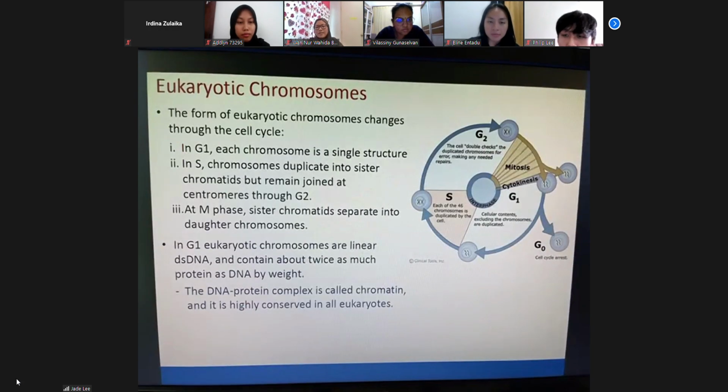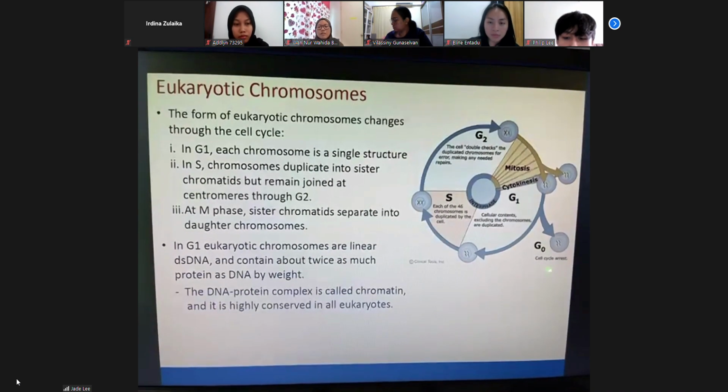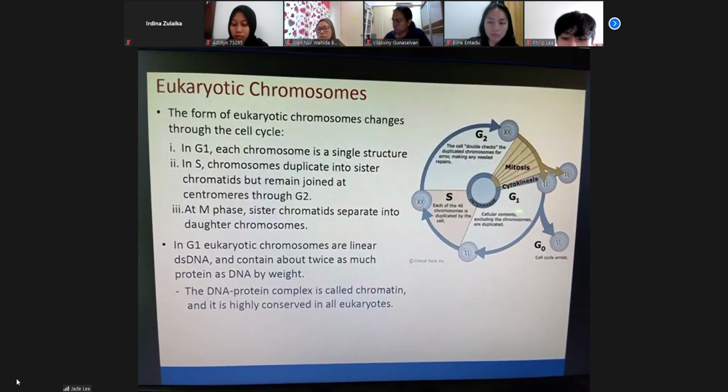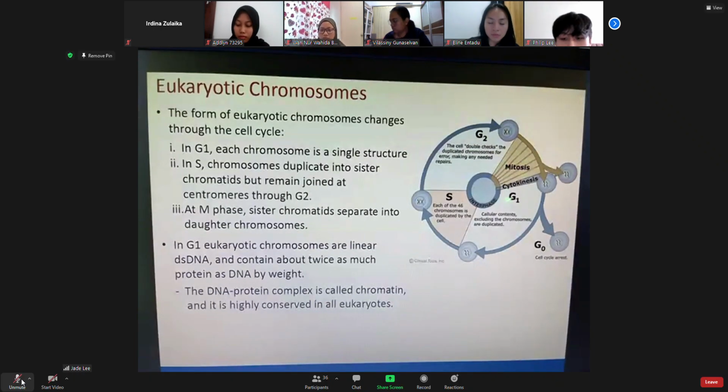Okay, so in eukaryotic chromosome, the form of chromatin changes through the cell cycle. Contohnya kita ada G1 phase kan? So each chromosome is a single structure. Okay, masih di sini. After the cytokinesis kan kita ada G1 and G2 kan. Lepas tu kita ada mitosis dekat sini. So setiap di sini kromosom punya condition berbeza.